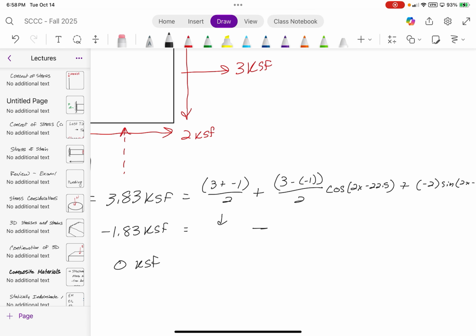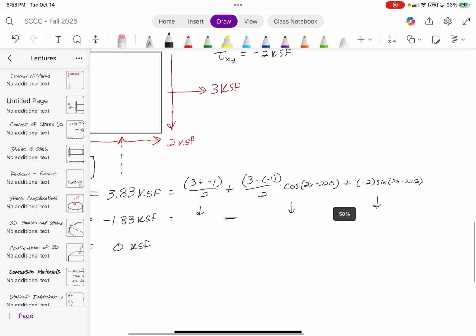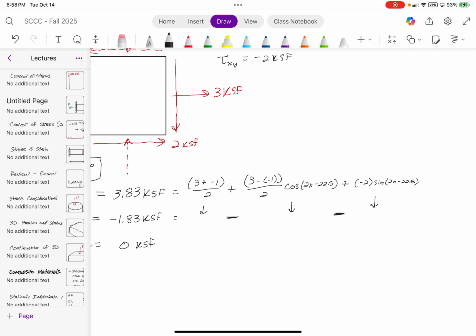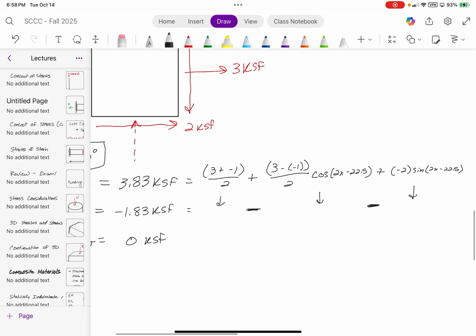Now for this, it would just be the same thing, except using the subtraction symbols. So that's a nice little trick: copy the equation from above and just replace the pluses with minuses. And then for tau xy', what you should have gotten is negative 3 minus negative 1 divided by 2 sine of 2 times negative 22.5 plus negative 2 cosine of 2 times negative 22.5.